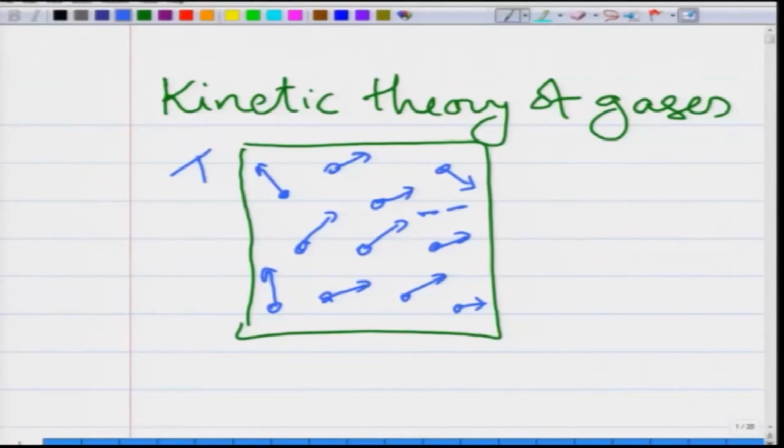So, when the particles are away from each other, there is no interaction between them, but as the particles move around, they collide with each other as well as with the walls of the container. Particles can strike each other, and they can also strike and get reflected from the walls of the container, and this phenomenon keeps on happening.